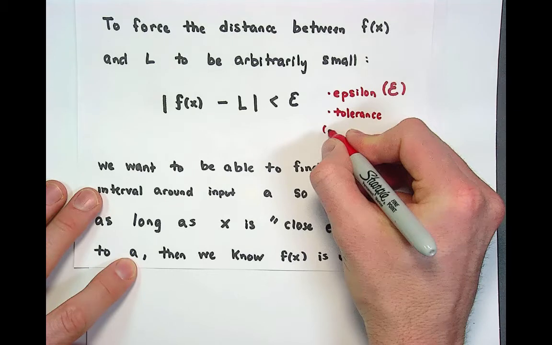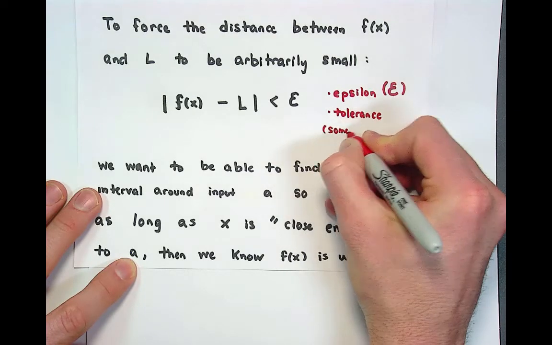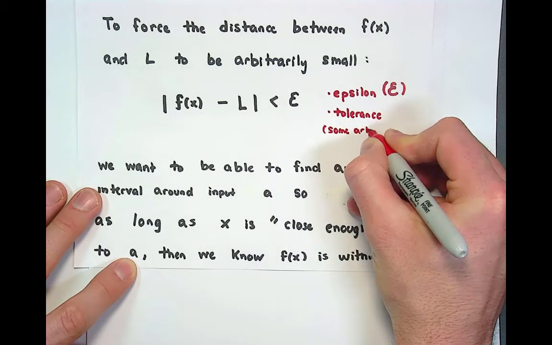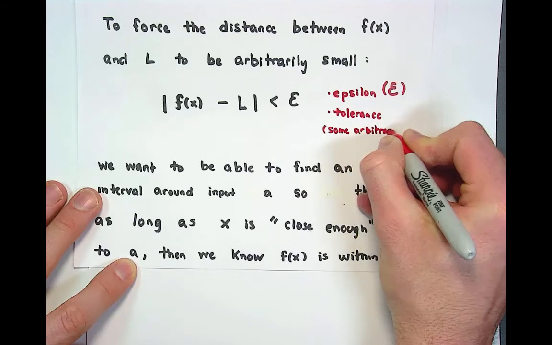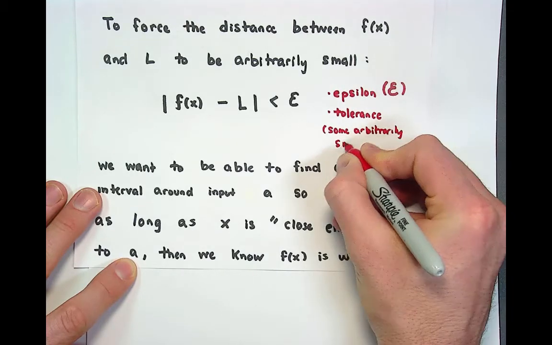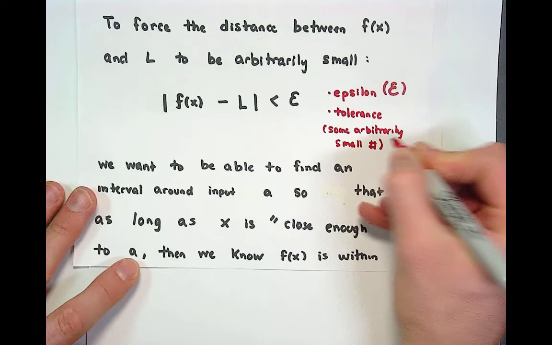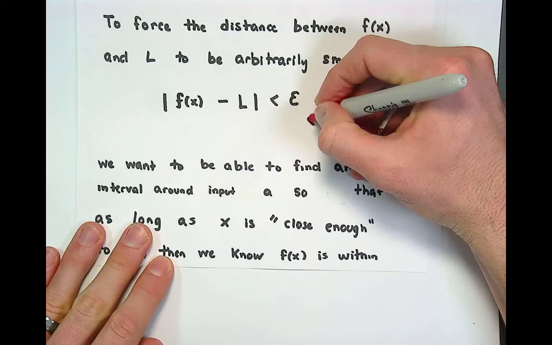And the way to think about this is some arbitrarily small number. Right?